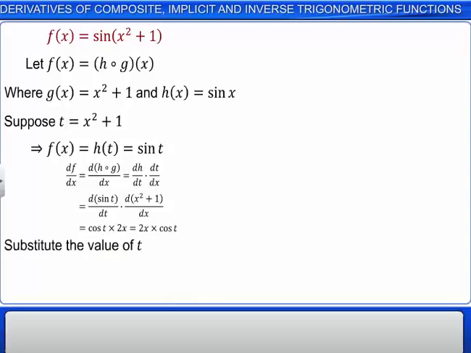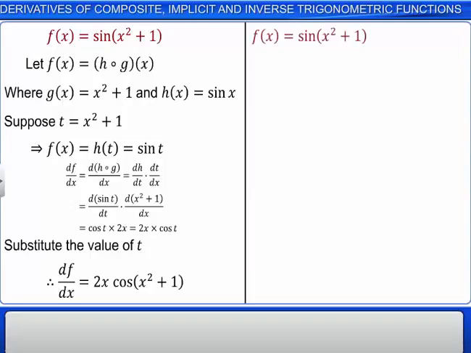Alternatively, its derivative can also be obtained by finding it directly. That is, on differentiating both the sides with respect to x, we get df by dx is equal to d by dx of sine of (x squared plus 1).